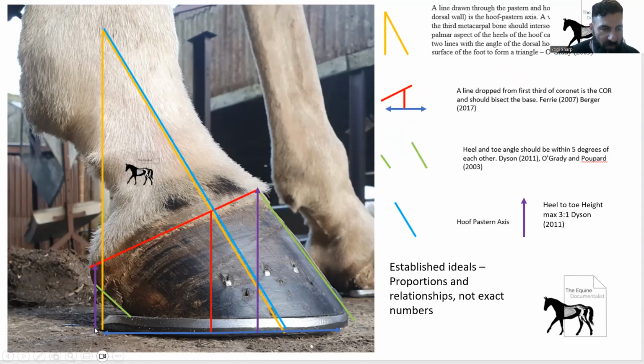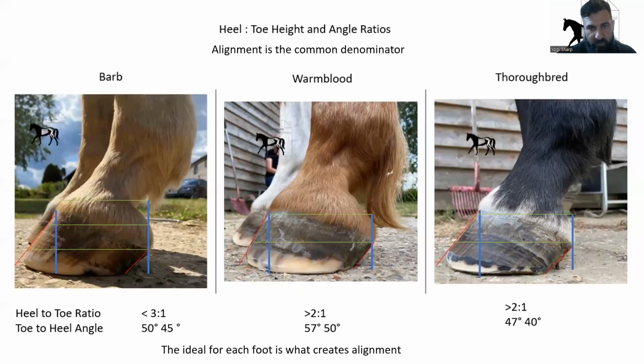And obviously, the other really important measurement is this heel to toe height ratio, which was clearly shown by the Dyson study to be very much linked with lameness. So these are the proportions that we're looking at because they've been shown by research to be relevant to the biomechanics of the hoof.